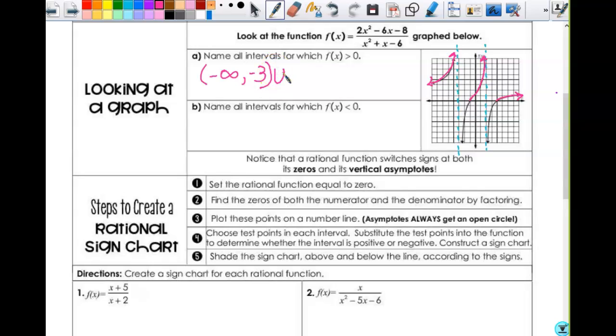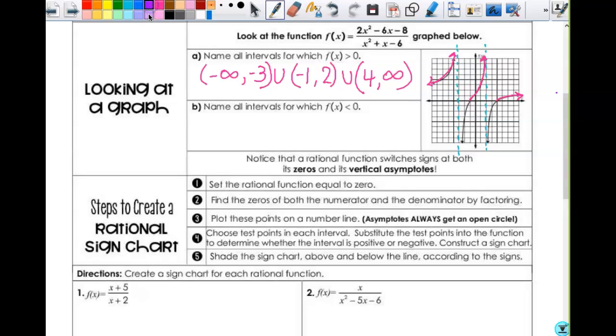Then that's going to be a union with, I start at negative 1, and I go all the way to 2, but negative 1 I do not include because I can't include the 0 because it says greater than, not greater than or equal to. And I don't include the 2 because there's an asymptote. And then this third piece, I'm starting at 4. I do not include the 4 because it can't be equal to 0, and I go to infinity. Everybody good so far? Okay.